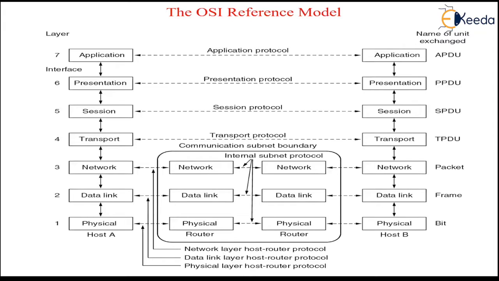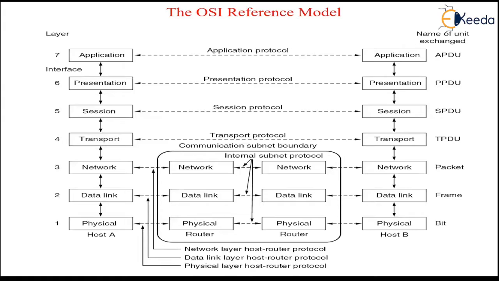If frames are to be distributed to different systems on the network, the data link layer adds a header to the frame to define the sender and receiver of the frame. If the frame is intended for a system outside the sender's network, the receiver address is the address of the device that connects the network to the next one.